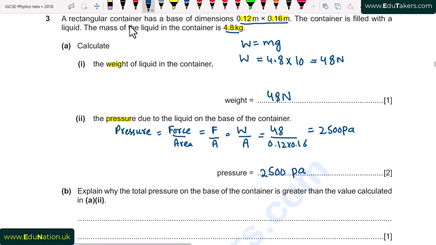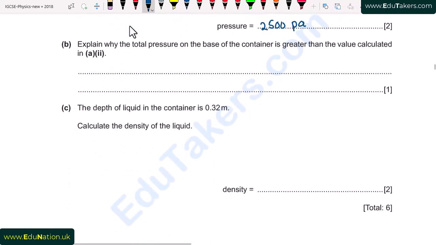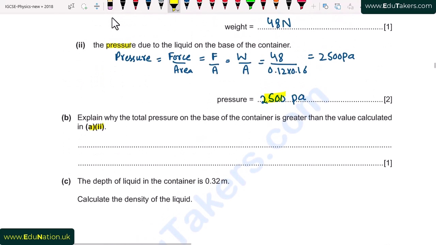Part B. Explain why the total pressure on the base of the container is greater than the value calculated in A. In part A we calculated the value of pressure, 2500 Pascal, and this is a pressure that is due to the liquid. But the total pressure is the sum of liquid pressure plus atmospheric pressure.